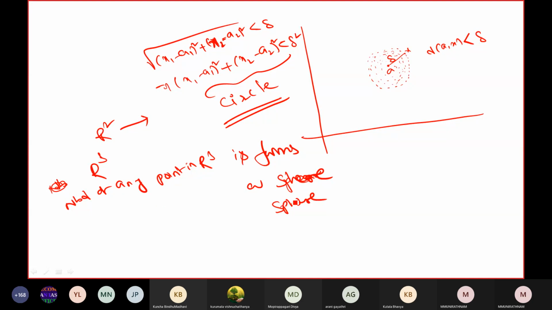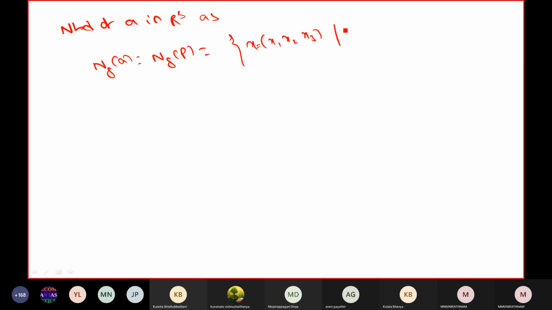So nothing but the neighborhood of A in R cube, A equal to a1, a2, a3. The neighborhood N delta of A equals N delta of P. Here also you can find x such that the distance d of A comma x is less than delta.